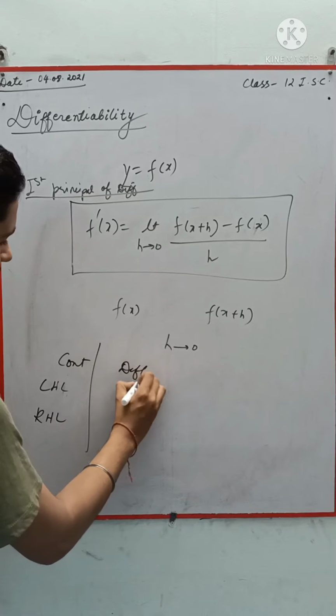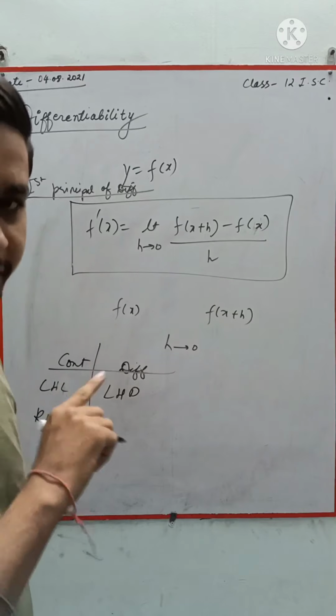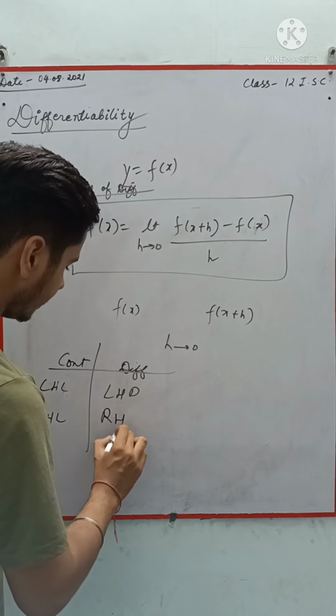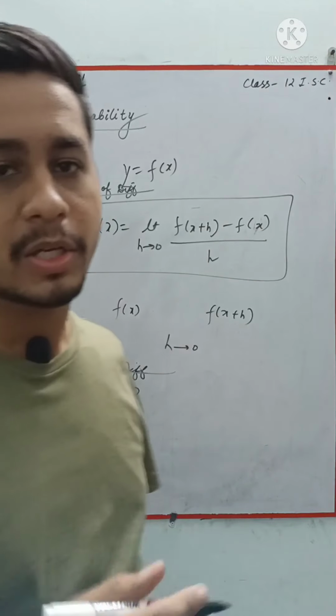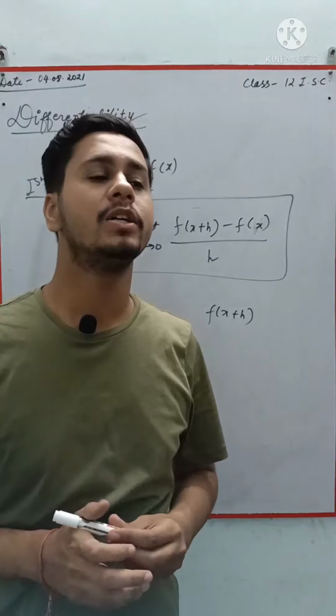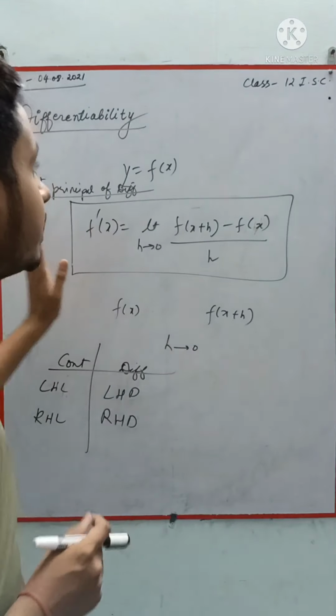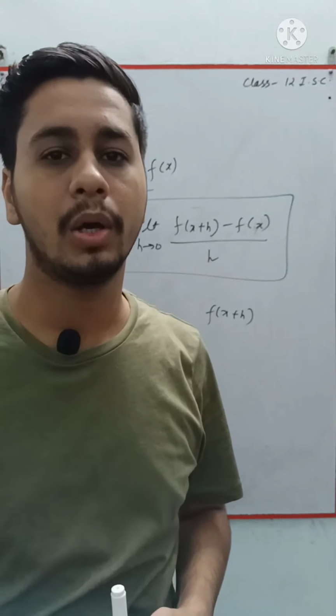But in differentiability, we will check LHD, that is left hand derivative, and right hand derivative. I hope slowly you will understand the meaning of differentiability as well. I will write the definition here, we'll understand it, and then we'll go to the questions.